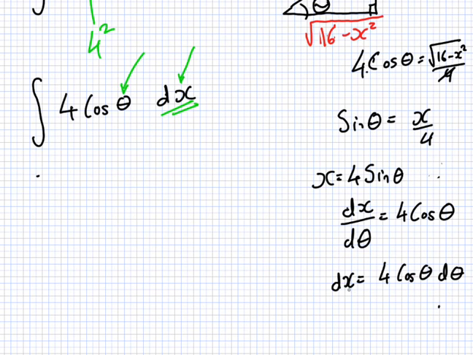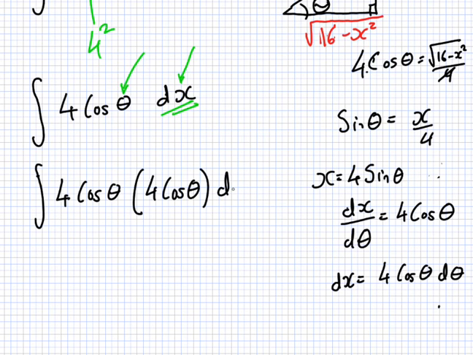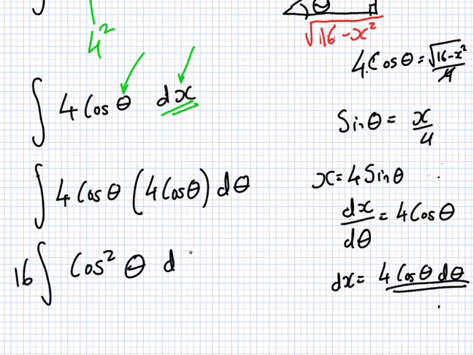Go back and replace the dx with 4 cos theta d theta. So this will be 16 cos squared theta d theta.